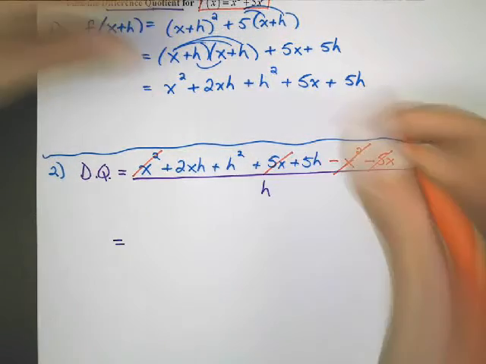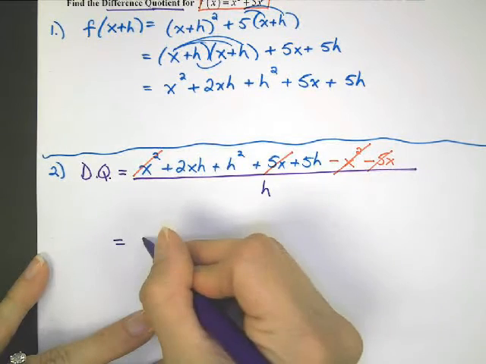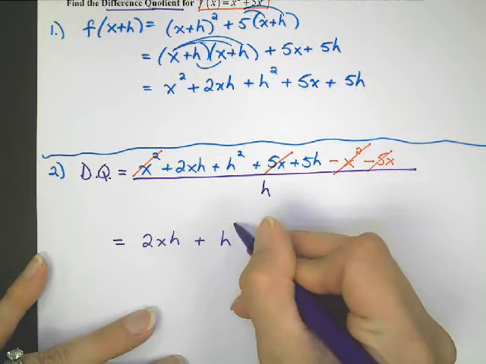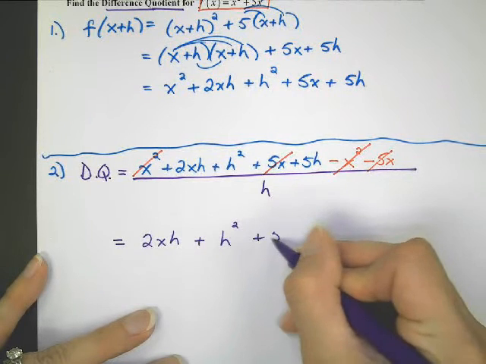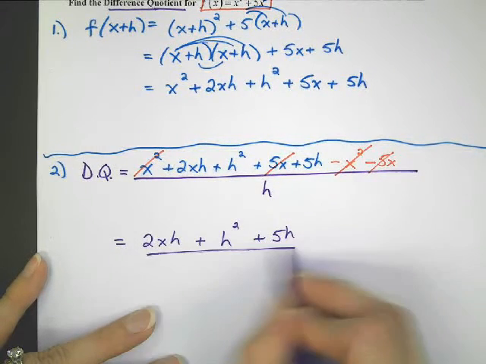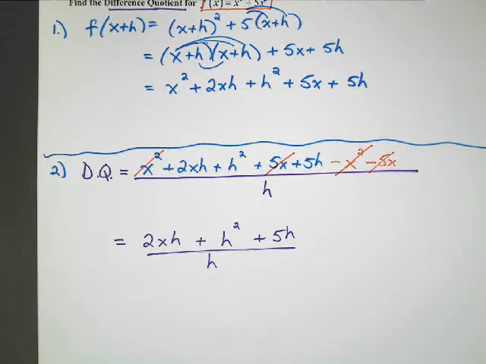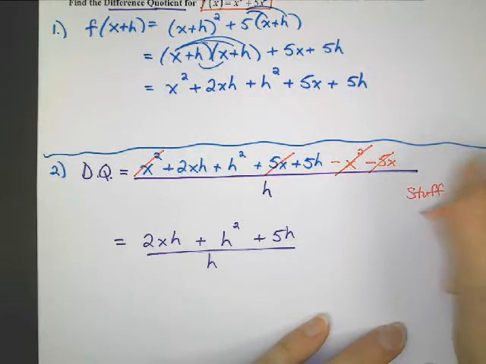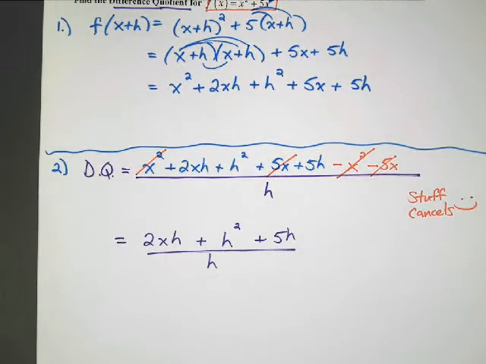A negative 5x with a positive 5x. So what we have now is 2xh plus h squared plus 5h all over h. If stuff cancels, smiley face, looking good.